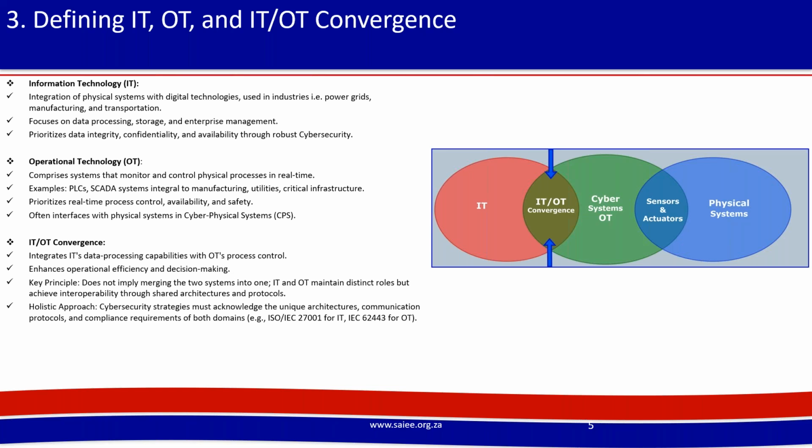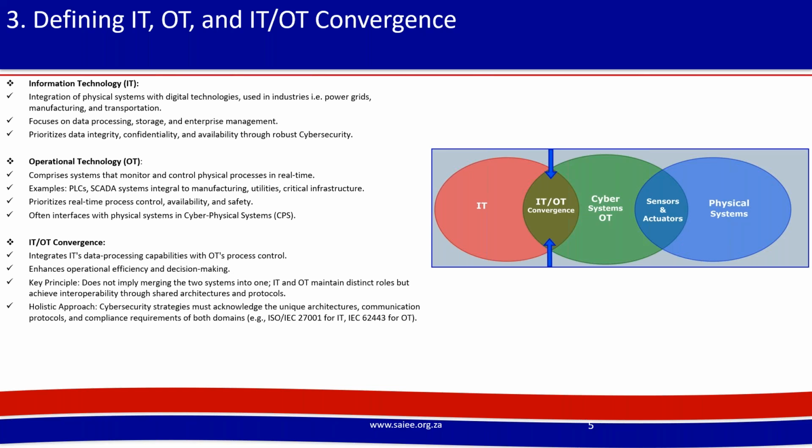When we come to IT-OT convergence, it is the strategic integration or interfacing of these two worlds, or perhaps three worlds, if you look at the picture there. It's about leveraging IT's data capabilities to optimize OT operations, which can lead to greater efficiency and better decision making.